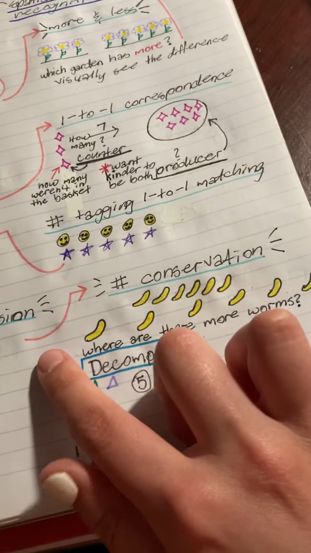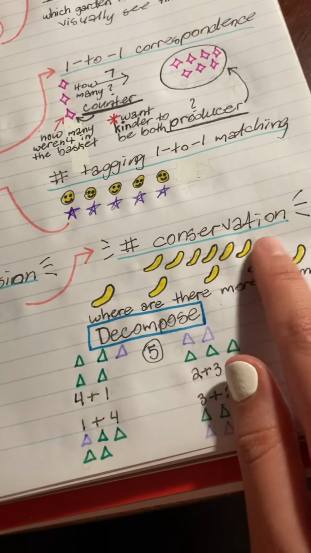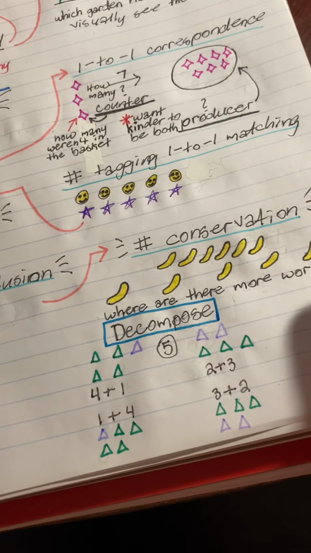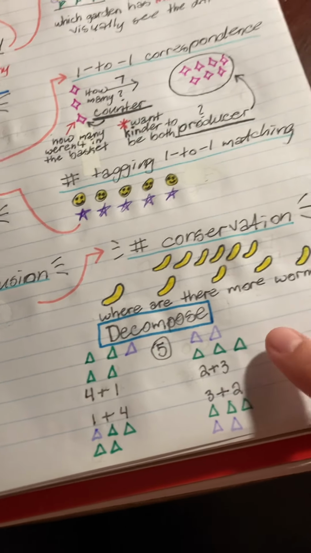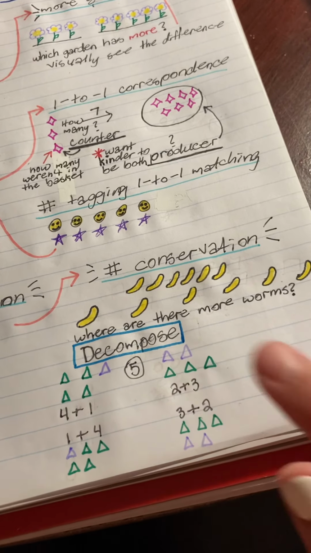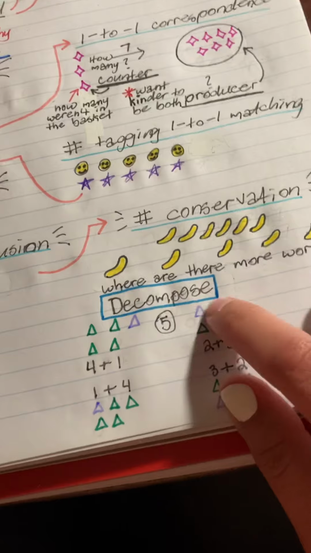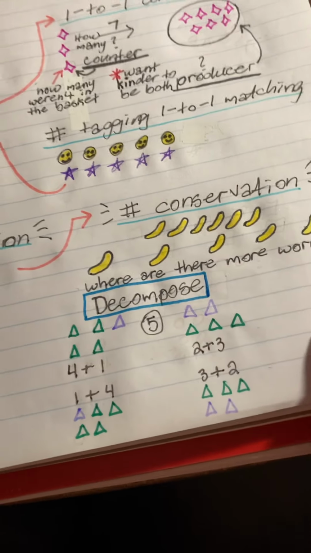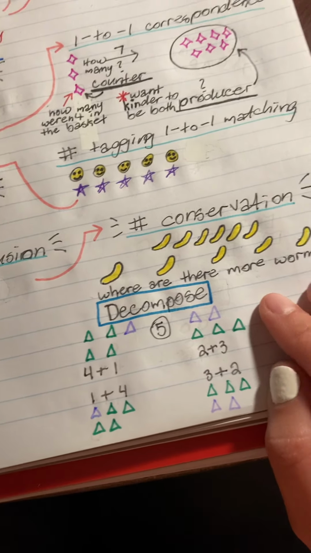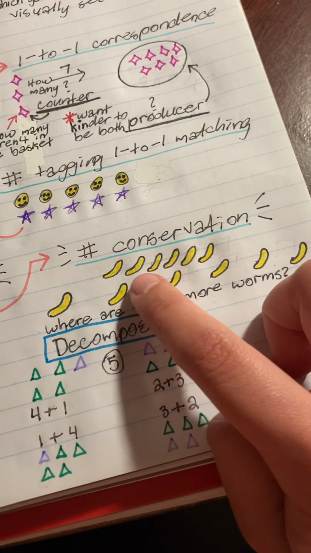And then from there, you go on to number conservation, which is where students learn decomposition, or numbers that can be broken apart, which is pretty much what decomposing is. So right here, there's different amounts of worms.